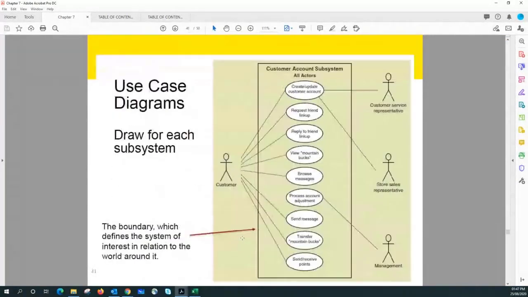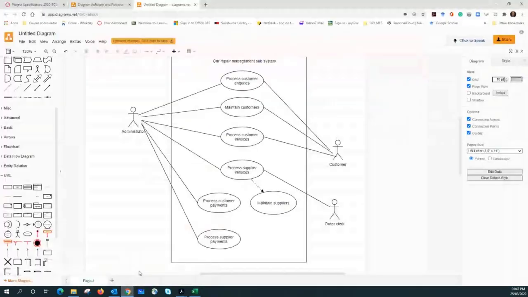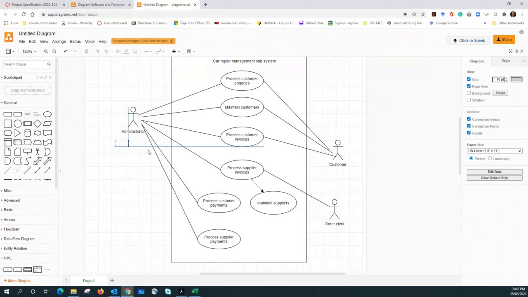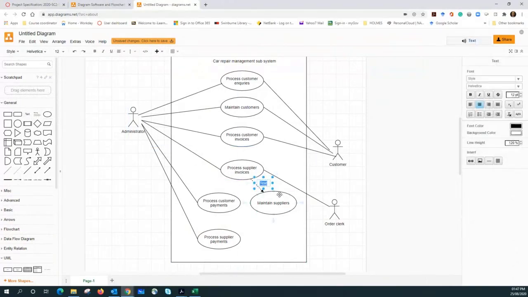Where is that example? Yeah, so we need to use this name, include. Maybe we can use a small text box to name it here. You can say include.